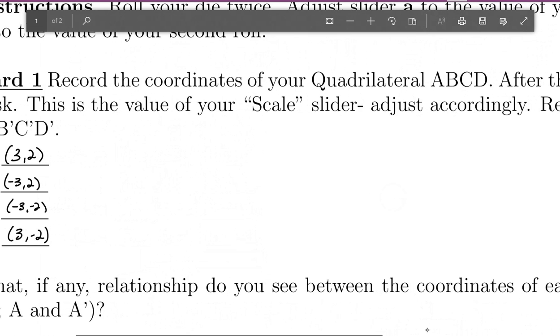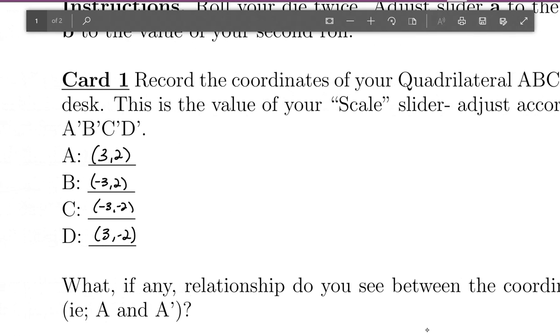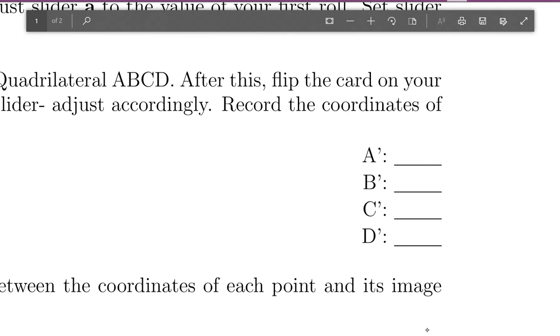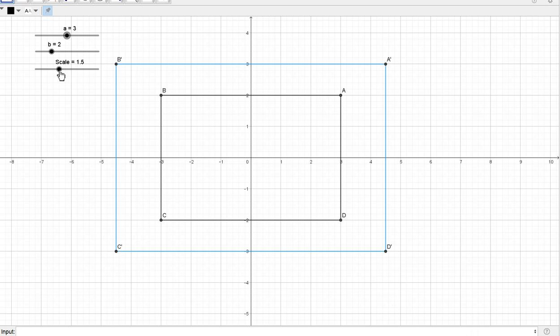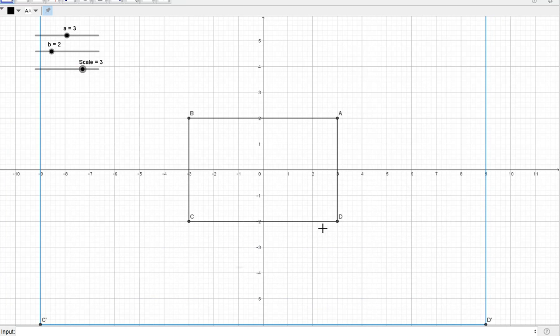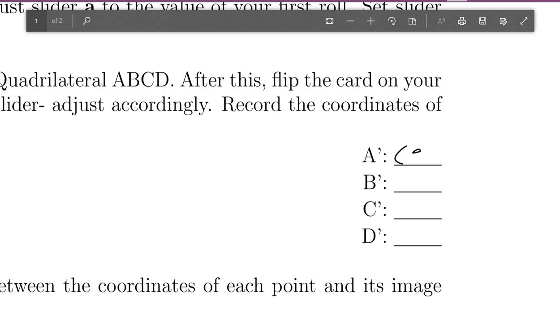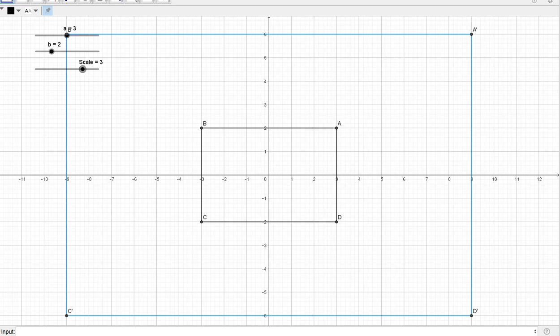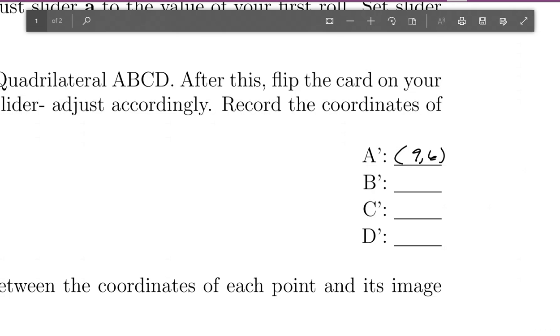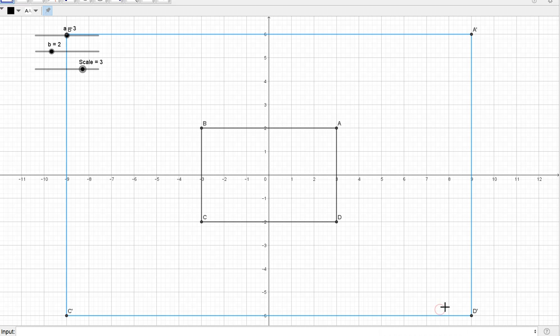And now we're going to adjust this with a scale factor of 3. So we can start to build an idea of what we expect these points to look like, but let's change the scale slider to 3, zoom out a little bit, and read the coordinates of our new points. A prime becomes (9, 6). B prime becomes (-9, 6). C prime becomes (-9, -6).